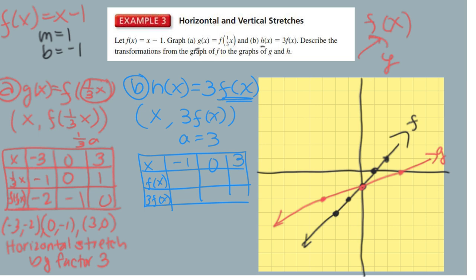Let's work this out. We have -1, what are we multiplying? Our parent, which is f of x. It's right here. That's our parent, f of x equals x minus 1. If I have -1 minus 1, substitution gives me -2.